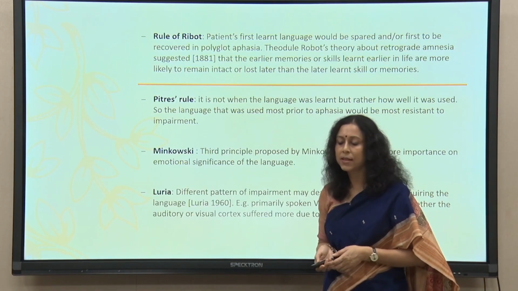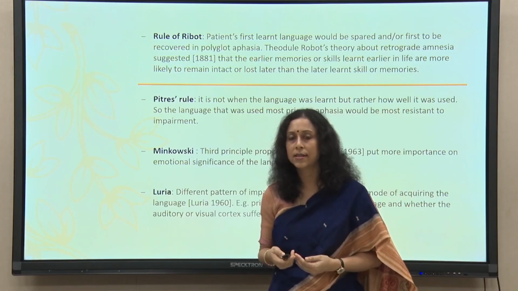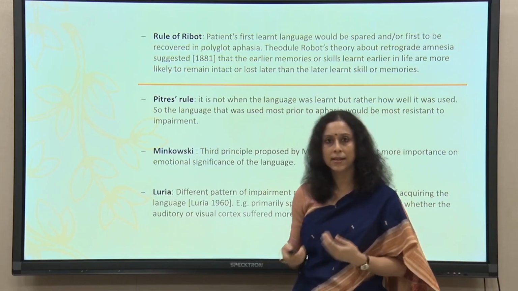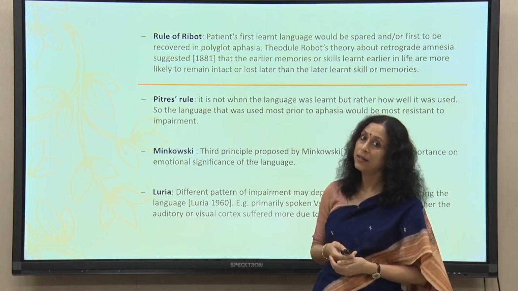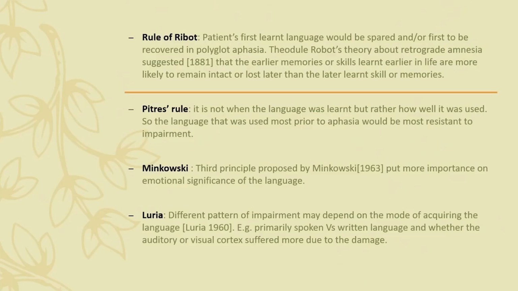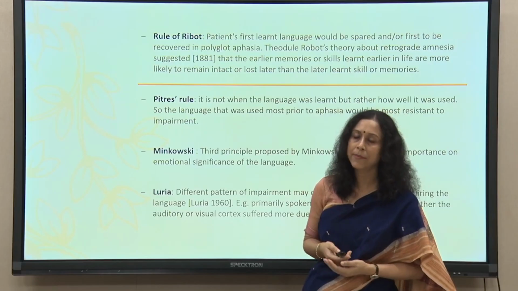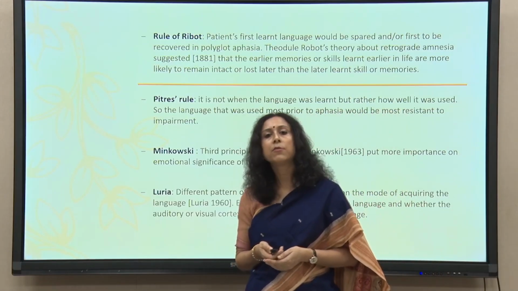When there are these differences, how do we explain the differences in terms of the languages being either affected or recovered differently? There have been a few theories. One of the most cited reasons is called the rule of Ribot. This is actually dependent on the theory of retrograde amnesia, which was suggested in 1881. It says that a patient of amnesia will show a particular pattern.